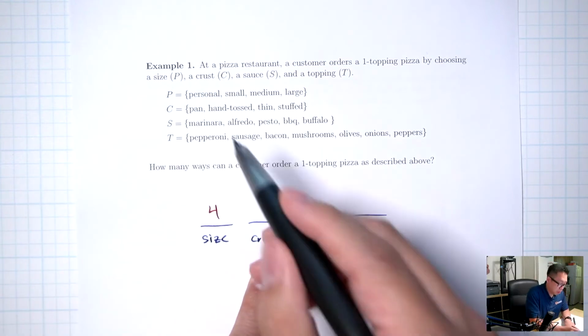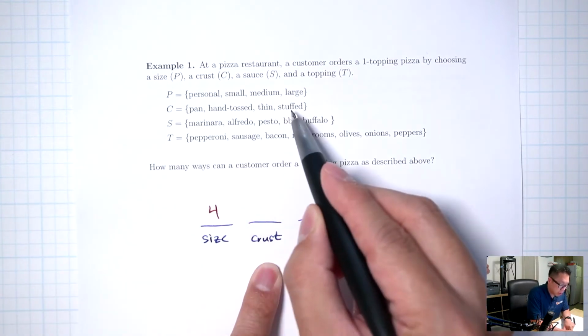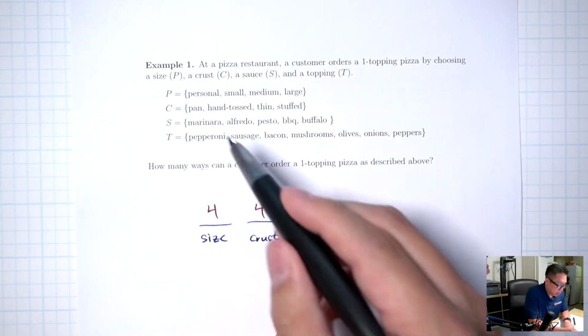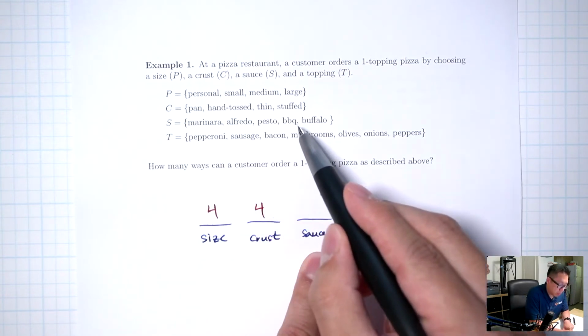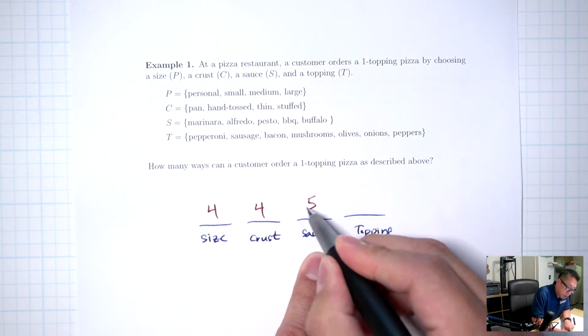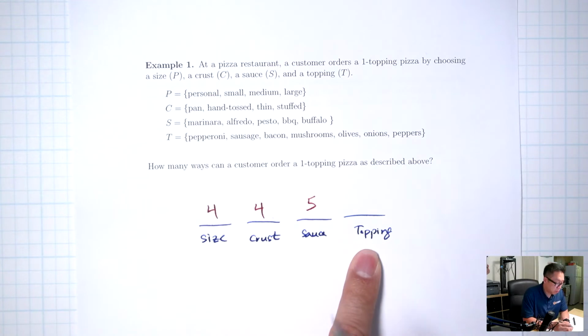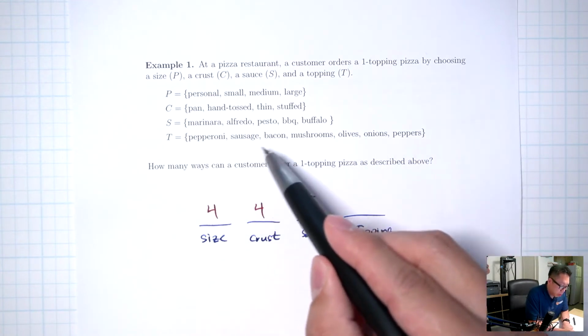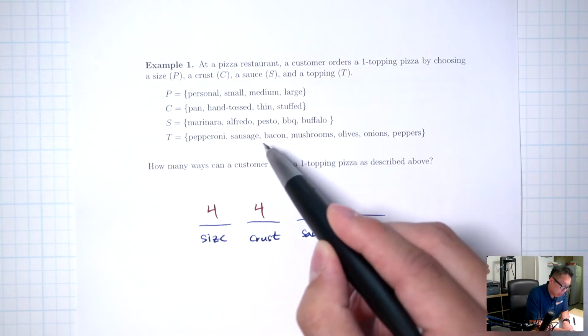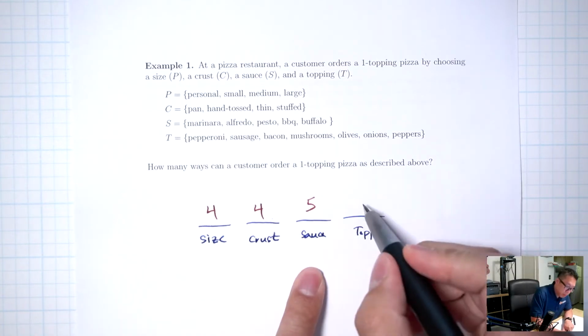For crust, I have pan, hand tossed, thin, stuffed. That's 4 options there. Sauce, marinara, Alfredo, pesto, barbecue, buffalo. How many is that? That's 1, 2, 3, 4, 5. 5 options for sauce. For toppings, pepperoni, sausage, bacon, mushrooms, olives, onions, peppers. That's 1, 2, 3, 4, 5, 6, 7 options for toppings.